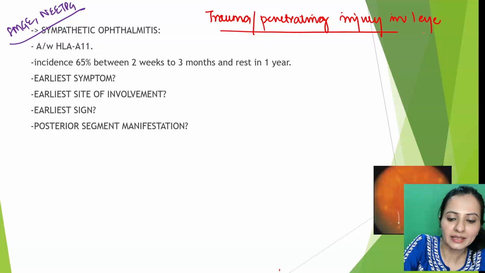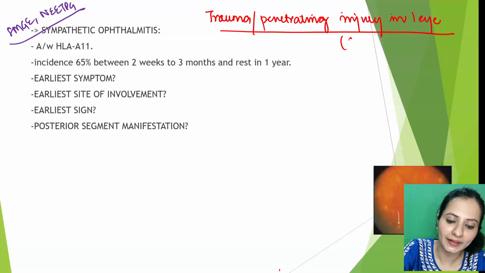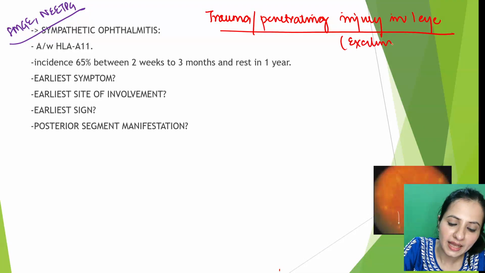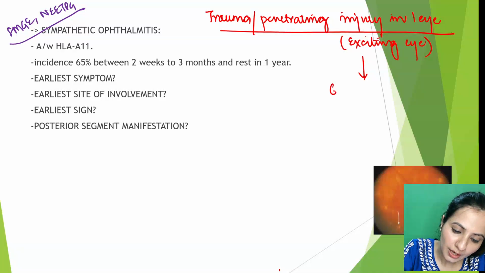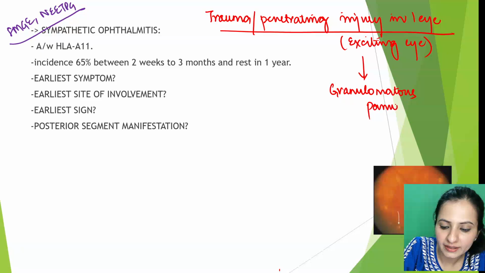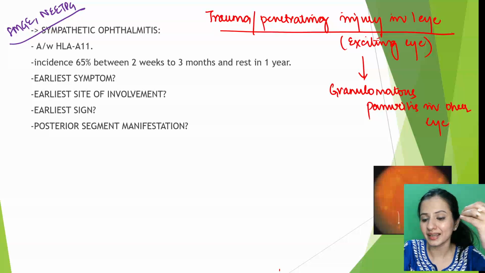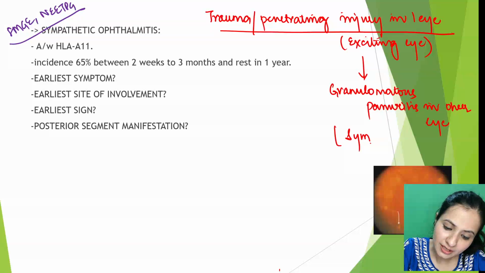So basically, suppose my right eye has had trauma or penetrating injury, I will call that eye my exciting eye. When this exciting eye leads to granulomatous panuveitis in my other eye, what will I call my other eye? This will be my sympathizing eye.